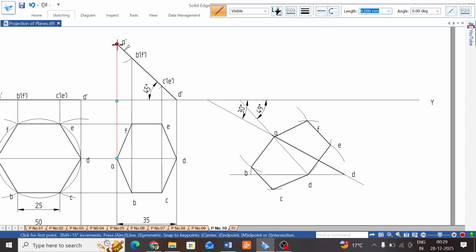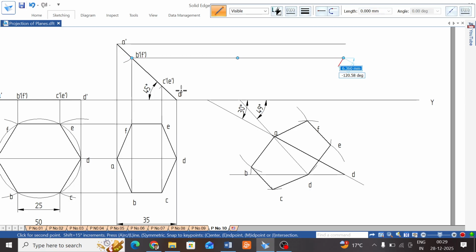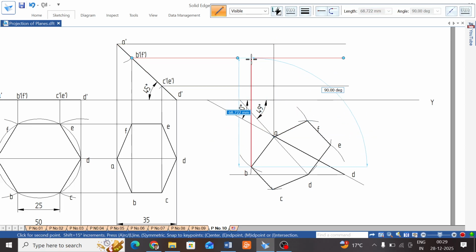Those projection lines, you start with A and B and F, and next C and E dash. Now start with A point first. A top, then B. B is here. Then next C point is here.